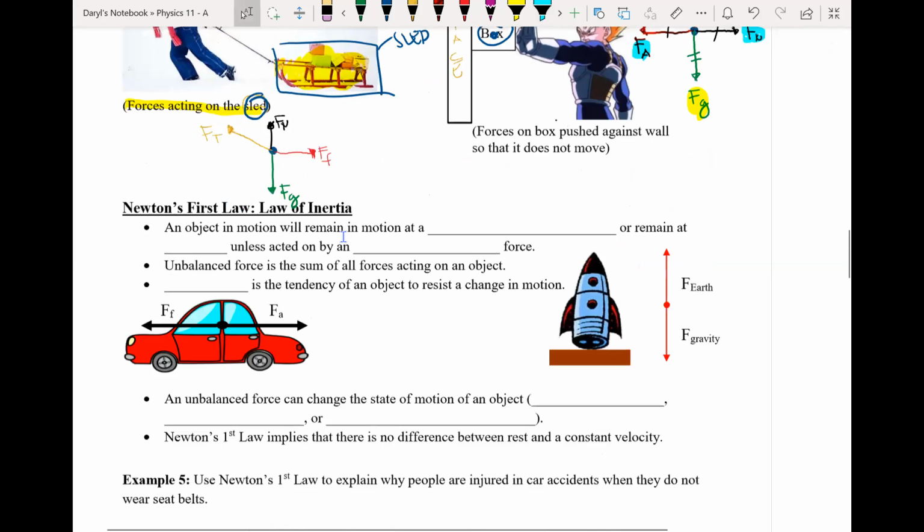Let's continue here. First, Newton's law. An object in motion at a constant velocity.